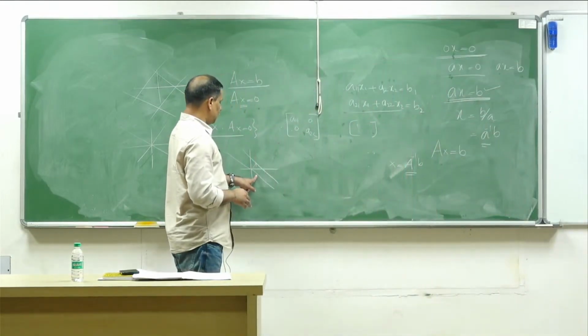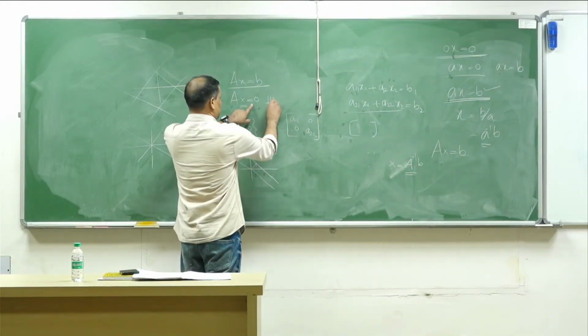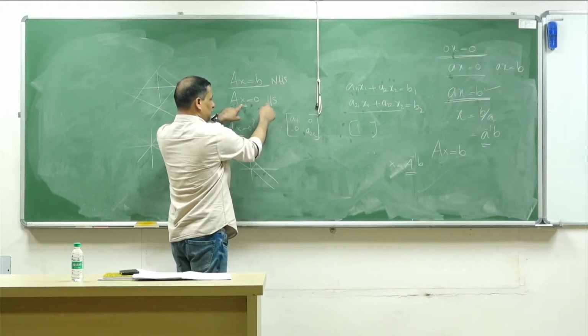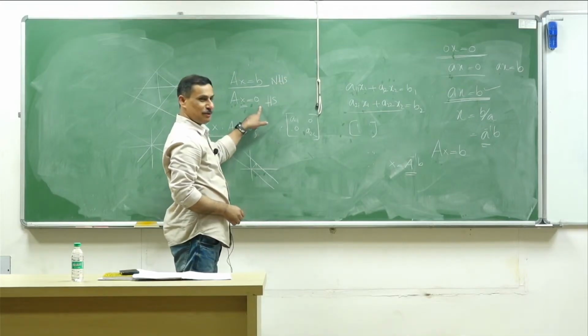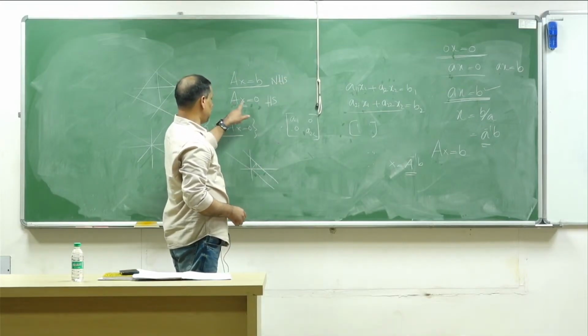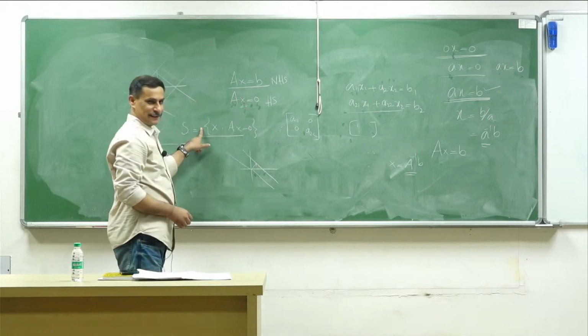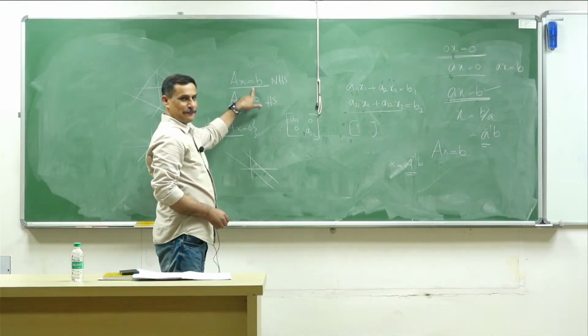This is a vector space. This is called a homogeneous system. This is a non-homogeneous system. You know that the solution space of a homogeneous system forms a vector space. That means 0 is a solution to this. If I substitute x equals 0 into Ax, it is 0. So 0 is a solution; 0 is in this set. Now, Ax equals b.